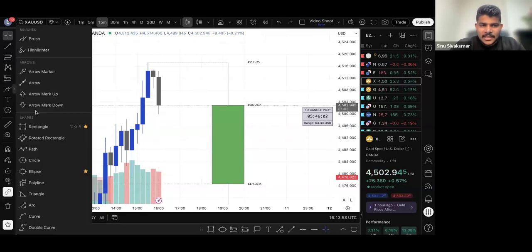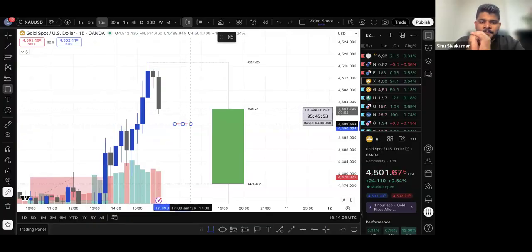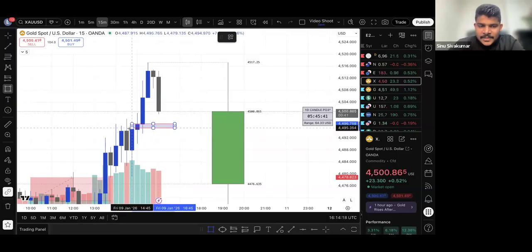Let me start with drawing a simple psychology among these four candles in 15 minutes. The candle started here at 4,496, and the sellers tried pushing the market down, after having an indecision candle.